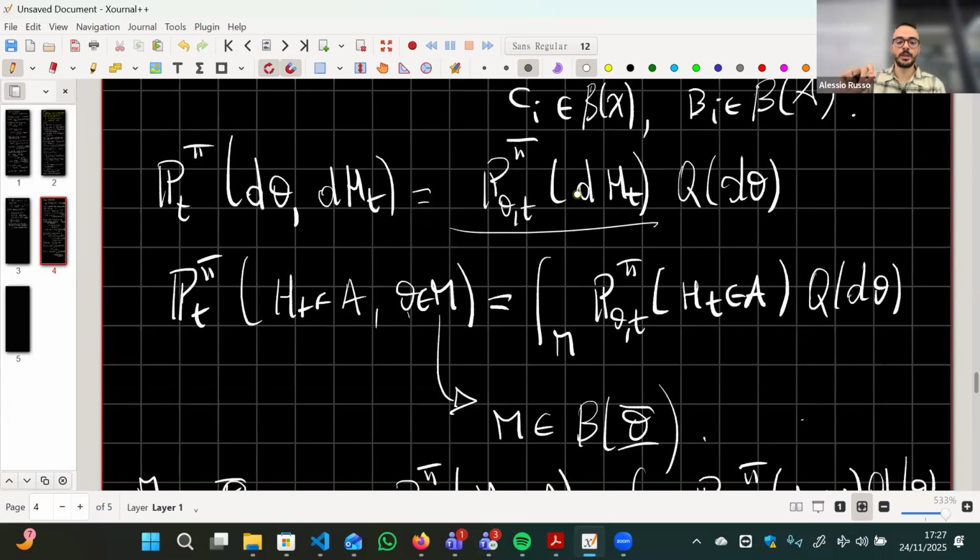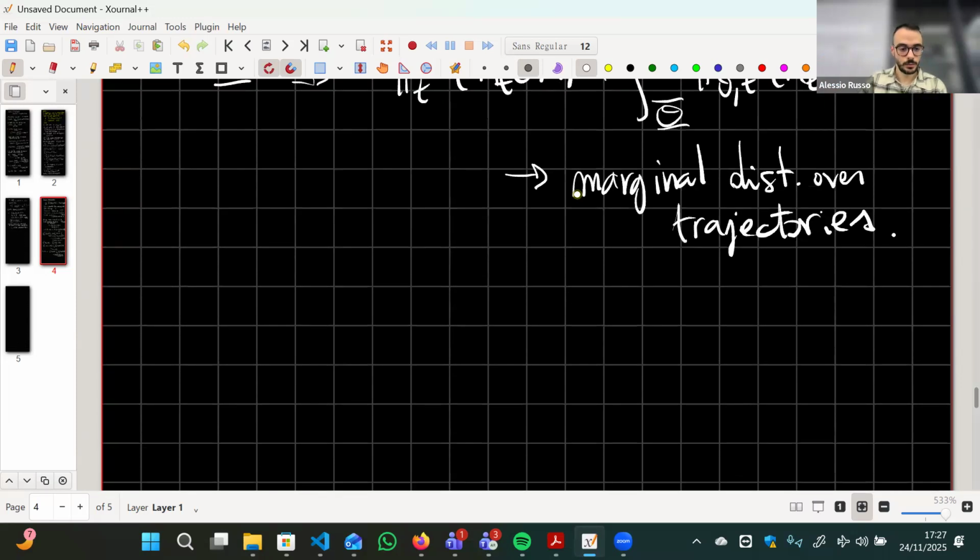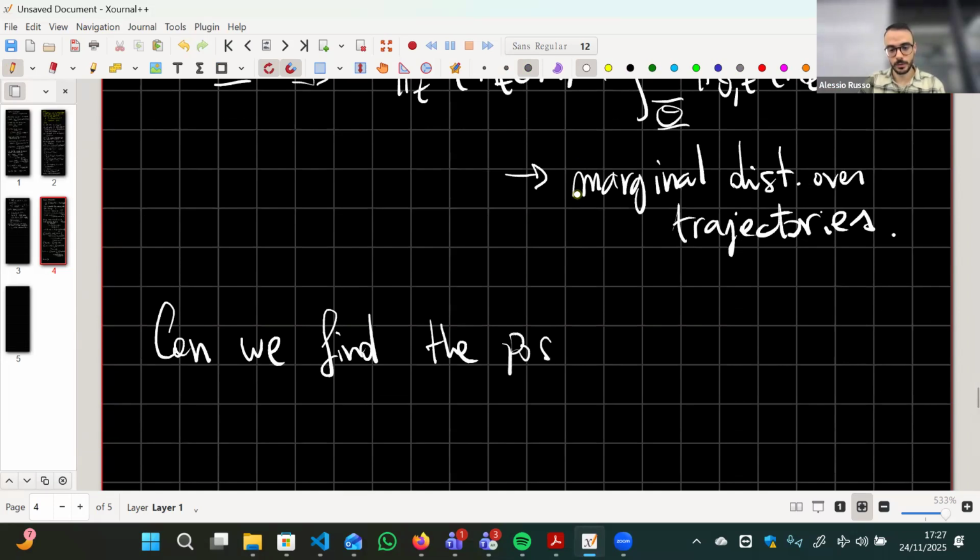Can we find the probability kernels over models given a certain trajectory? So can we find the posterior over models for a given trajectory?